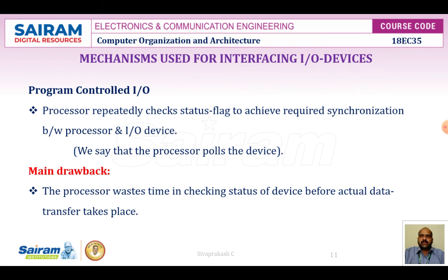The main drawback is that the processor wastes time checking the status of the device for actual data transfer to take place. Each and every time the processor needs to go over there and check whether the buffer is filled or not. That time is wasted. This is the main drawback of program controlled IO.